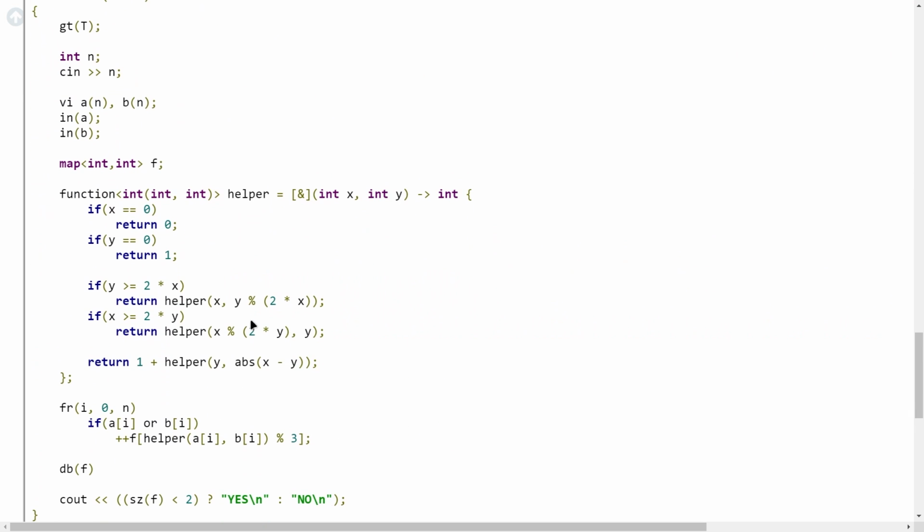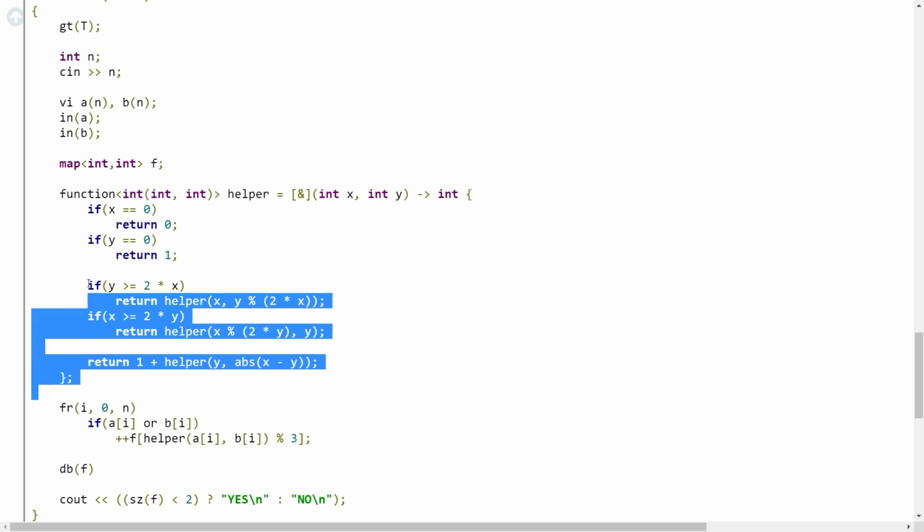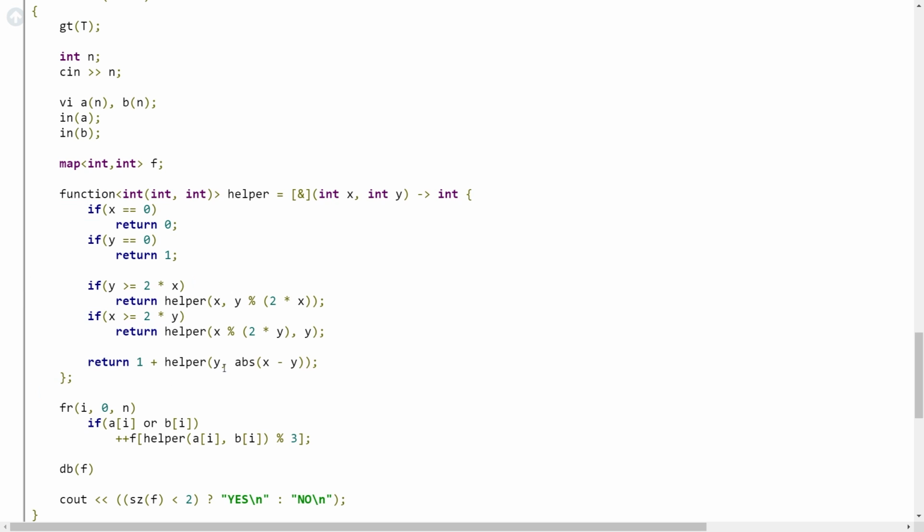Here we are also doing something similar. We are taking x and y mod 2x. So it's just based on a rough intuition that this helper function should work in logarithmic time complexity, right? Although I'm not sure what the exact complexity of this is, it's just a guess that it should be logarithmic, and obviously it passes, so it will be logarithmic in nature.